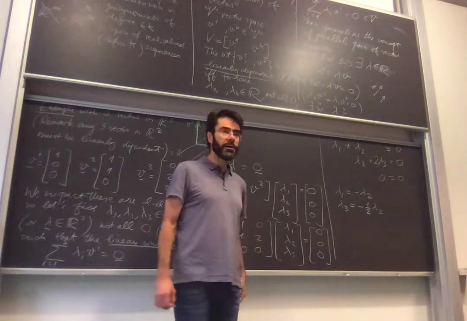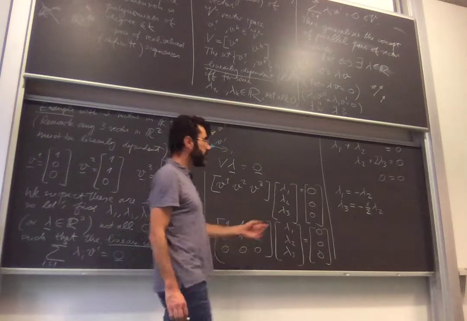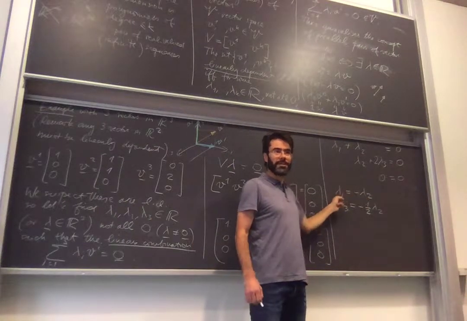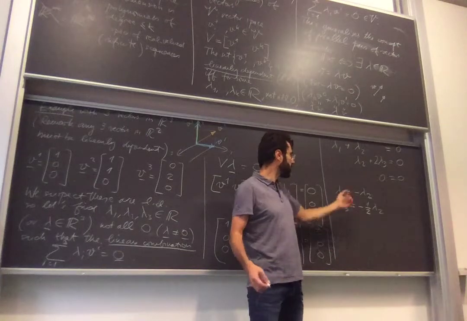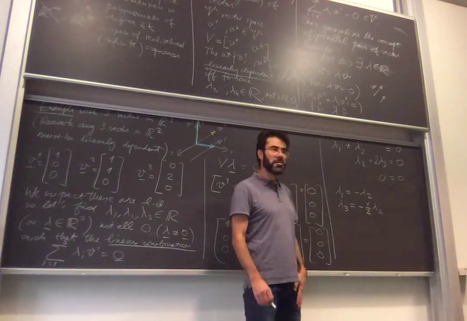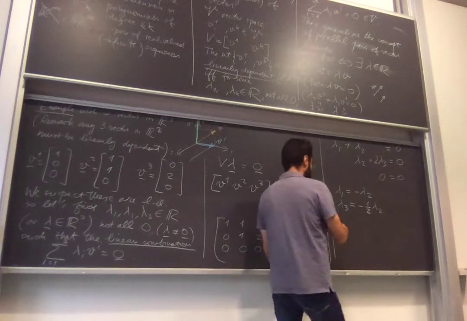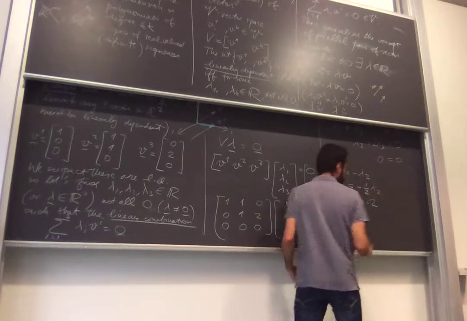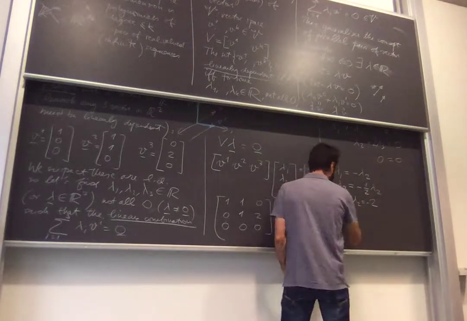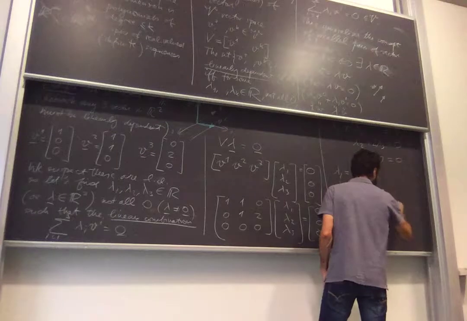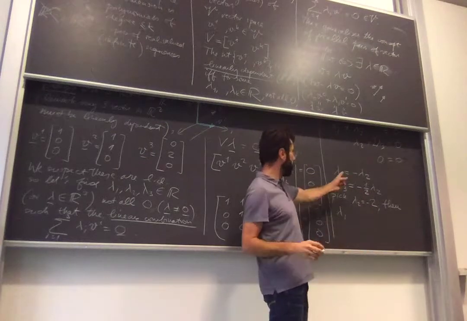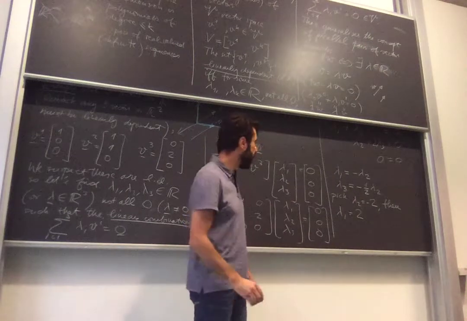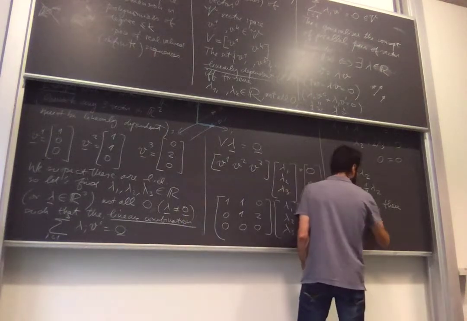Now can you find a non-zero solution? Well, now it's enough to take any value for lambda 2 and you'll find a non-zero solution, because it will satisfy that. So pick a nice value for lambda 2, I don't know, minus 1. You're happy with? So pick minus 2. Pick lambda 2 to be minus 2. Then what is lambda 1? Lambda 1 must be equal to minus lambda 2, which is 2 in this case. And how about lambda 3?